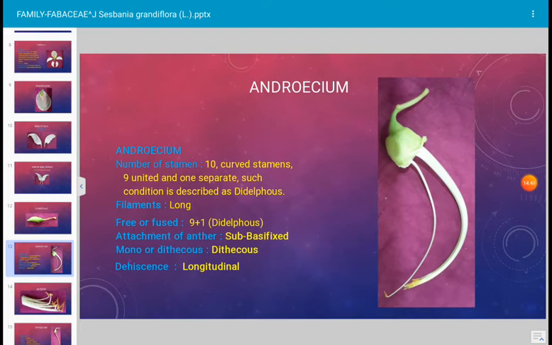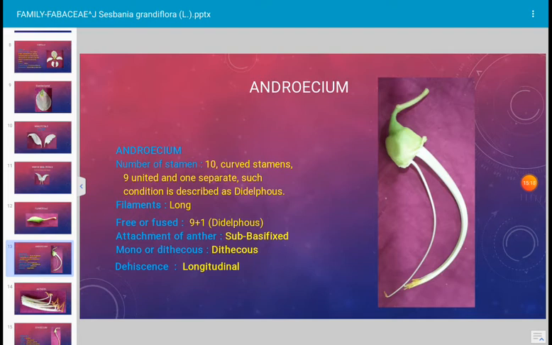Such a condition is described in taxonomic language as the didelphous condition. Di means 2, so didelphous means 2 bundles of stamens. One bundle consists of 9 stamens, and the other consists of only one stamen. This 9+1 arrangement of the stamens is a characteristic feature of family Fabaceae, which is also known as Papilionaceae. An example is Sesbania grandiflora.